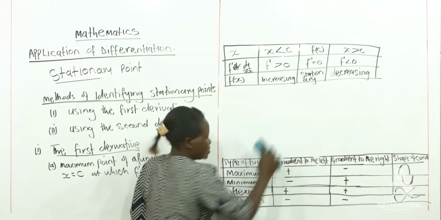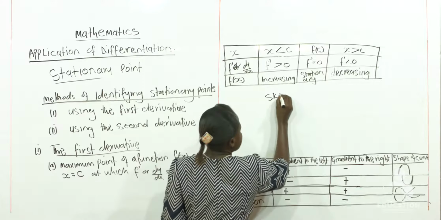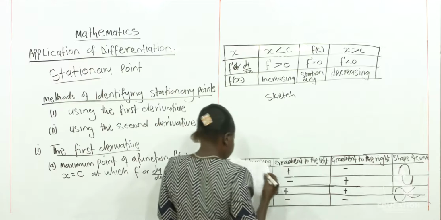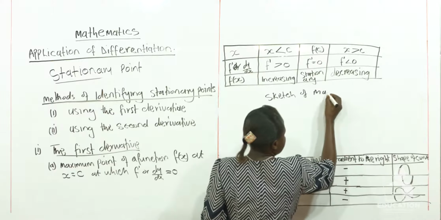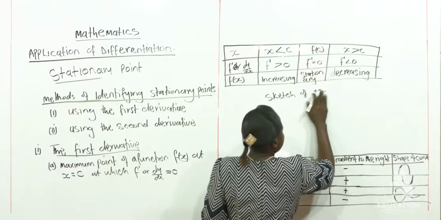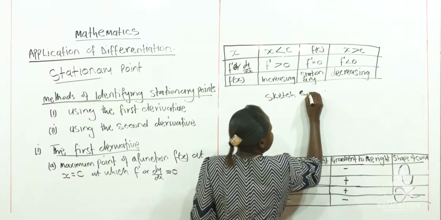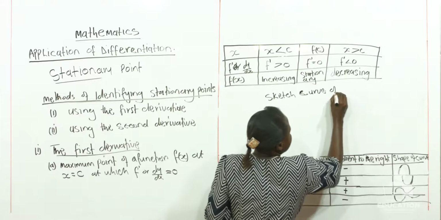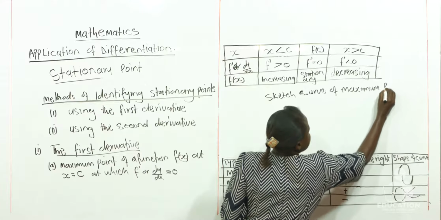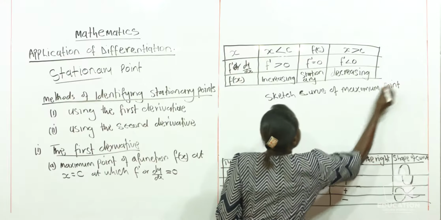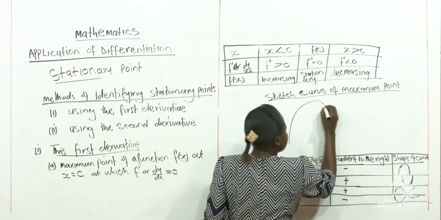I will explain once. Let's see. Say this is a sketch curve of a maximum point. It will look in that nature.